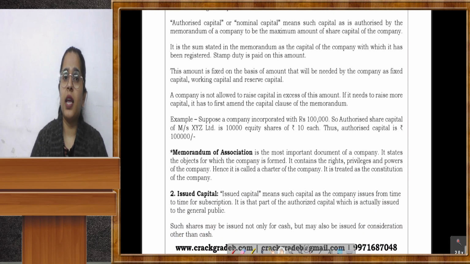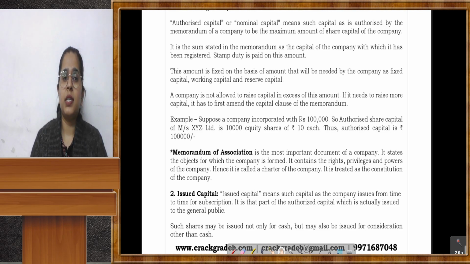It cannot do so without changing the memorandum. They have given an example. Suppose a company is incorporated with 1 lakh. The authorized share capital of Messrs XYZ Limited is 10,000 equity shares of 10 each. So XYZ Limited cannot issue more than 10,000 equity shares.